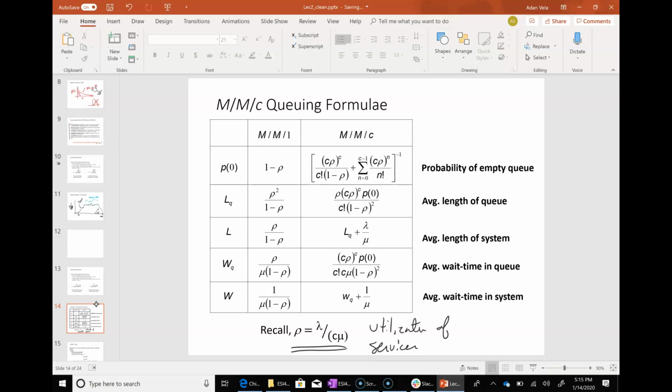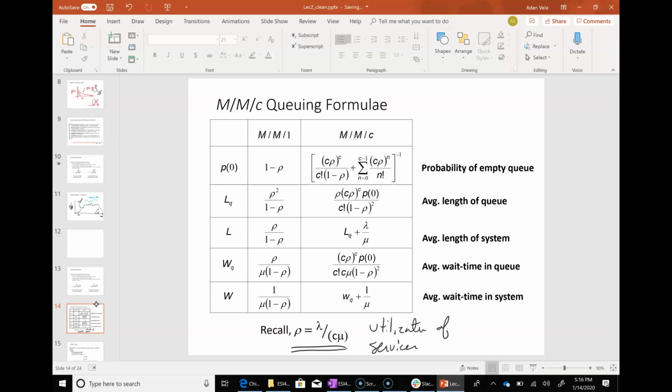The utilization is given by the arrival rate of customers coming in, lambda, divided by the total service rate. Mu is the service rate for one server, but if I have 5 of them, and each cashier can process 10 customers per hour, then the total service rate is 5 times 10.